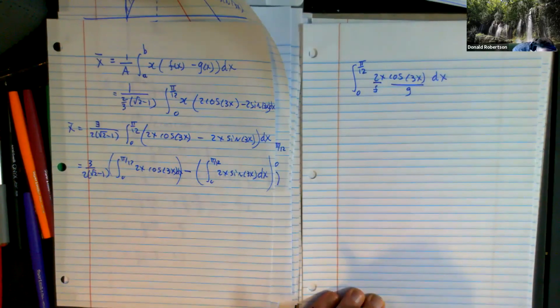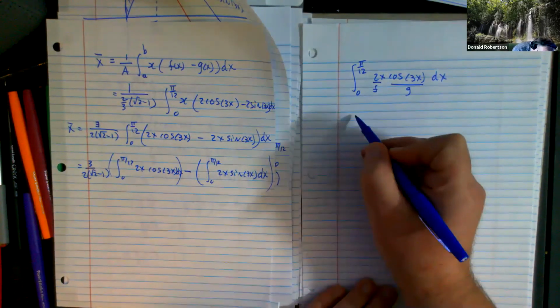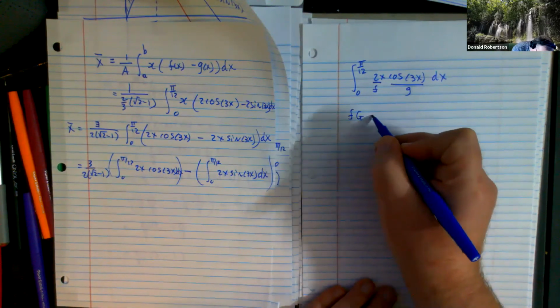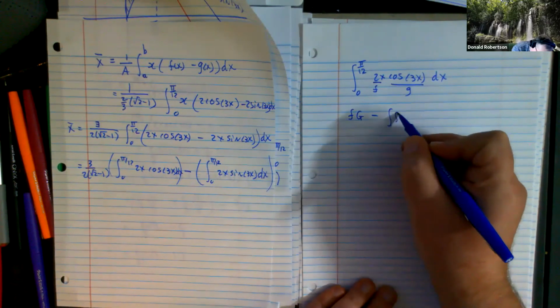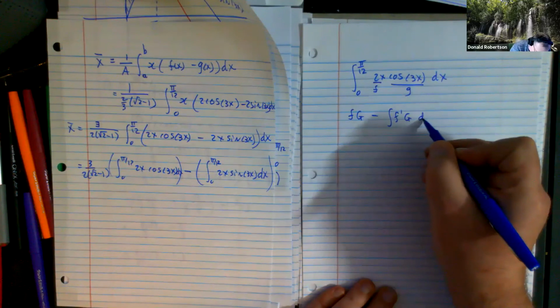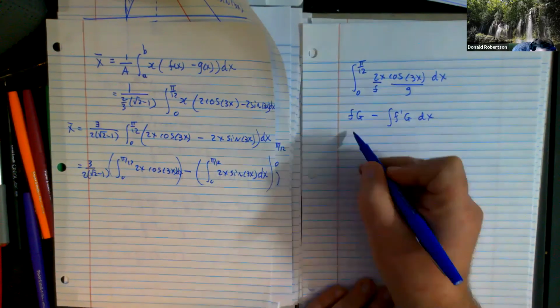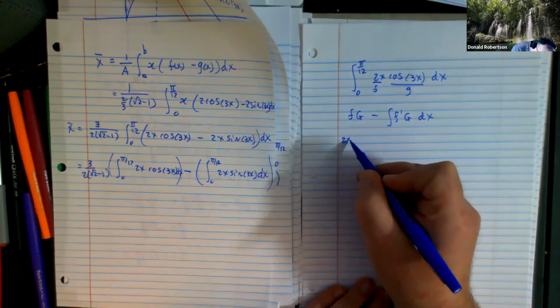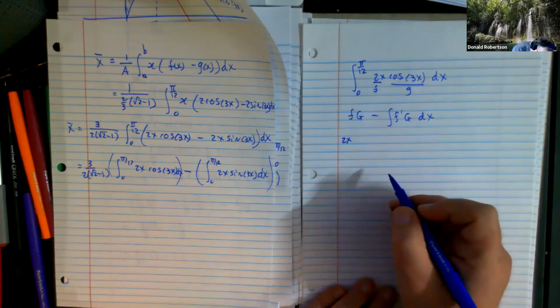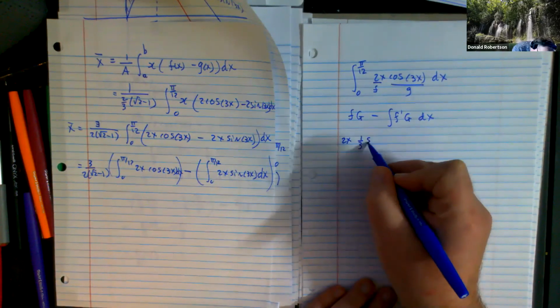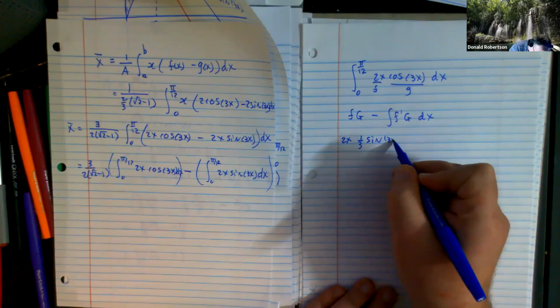According to integration by parts, isn't the answer F big G, take away the integral of F dashed big G dx? Leave the first guy alone. If you integrate a cosine of 3x, you get 1/3 the sine of 3x. We've already figured that out.